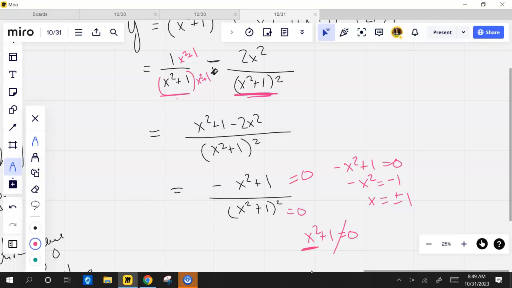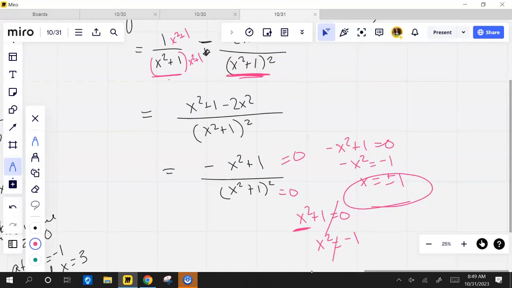That's never going to be negative because I'm squaring it, so that's never going to work. So I'm just looking at these 2 points right now. This can't happen. All right, so I guess we test them.